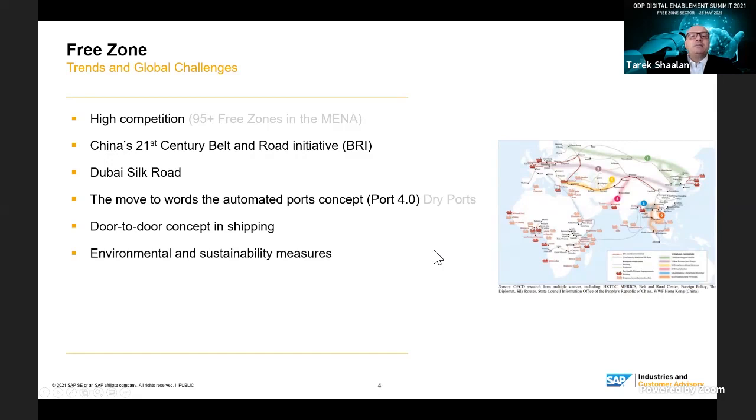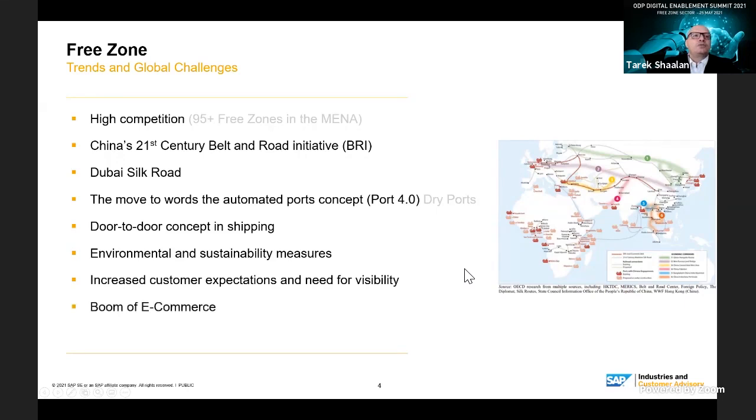Then there are environmental and sustainability measures, with the fossil fuel ban that will happen within the next decade, and new technologies for sustainable energy, looking for a green supply chain and measuring its footprint, which will also have an impact. In addition, increased customer expectation and need for visibility all along the value chain will also have some impact on the free zone sector.